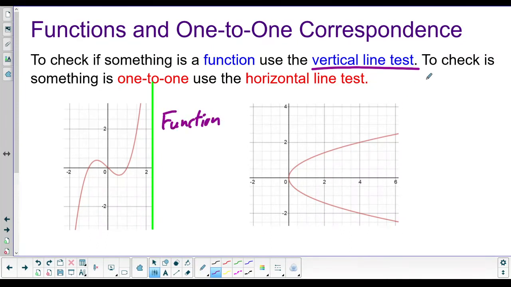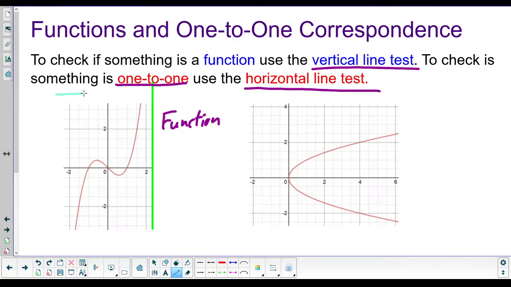Okay. If we want to check if something is one-to-one, this is kind of like the inverse of being a function. It just means that it passes a horizontal line test. So let's go make a horizontal line. What color do we want now? Teal? Or is that cyan? I don't know. And we scan this thing vertically. It doesn't matter if you start at the top or the bottom, it's the same deal.